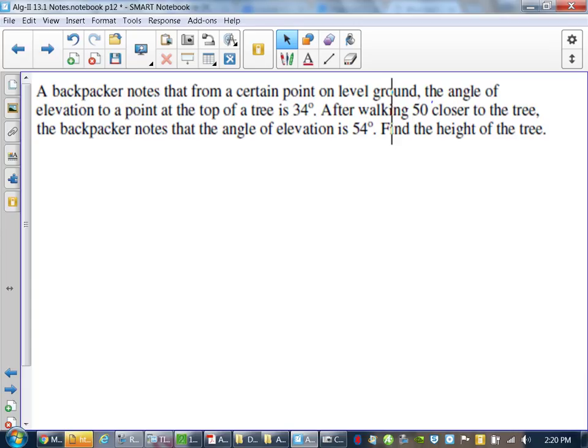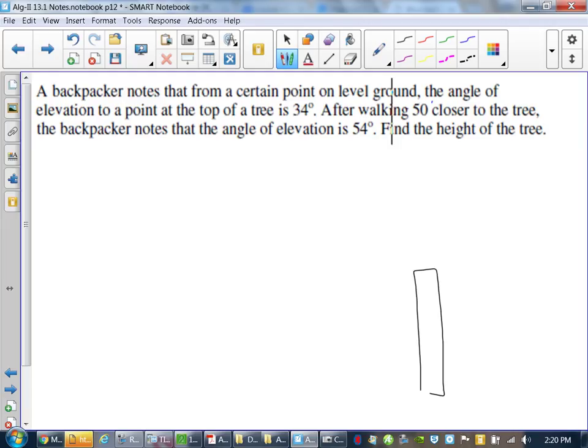What is the one thing that makes life easier with trigonometry word problems? Calculators. Pictures, calculators. So what do we need to draw? A tree. Yay! Draw a line. You've got to give it a little tree friend. A happy tree friend.